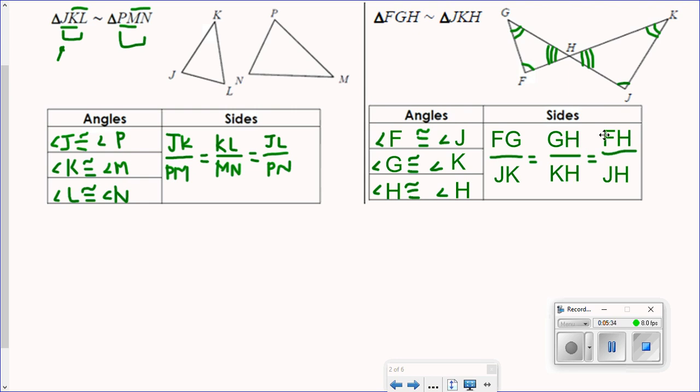It's going to be equal to the ratio of FH over JL. In any of these, you can form a proportion. And as you can see from the angles, I went ahead and marked them so you can see that the corresponding angles match up.